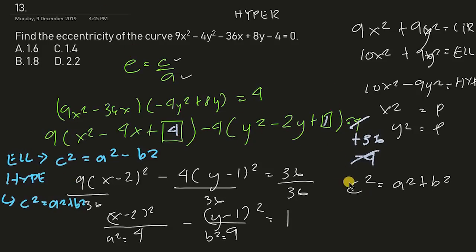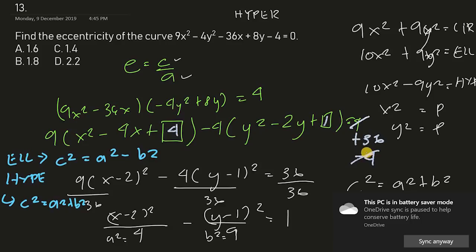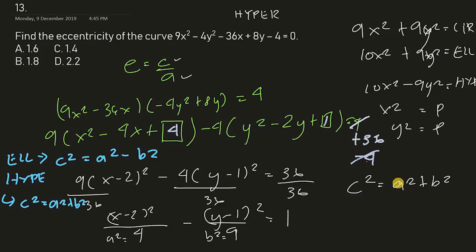Take note of that. So next, we can solve the value of c squared. A squared is 4 plus 9, so c is equal to the square root of 13. Now I can solve for the eccentricity.